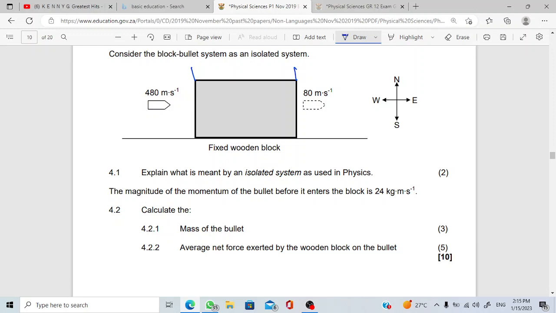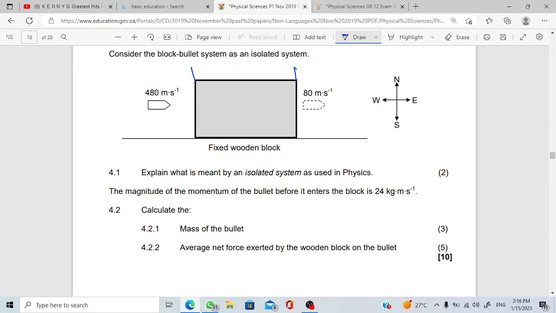Whatever is going to be lost or whatever changes here, it has nothing to do with the outside world besides these two objects, the bullet and the block. You understand? So you do not consider any external force like a frictional force. That is your isolated system. You will find a good explanation in a book.